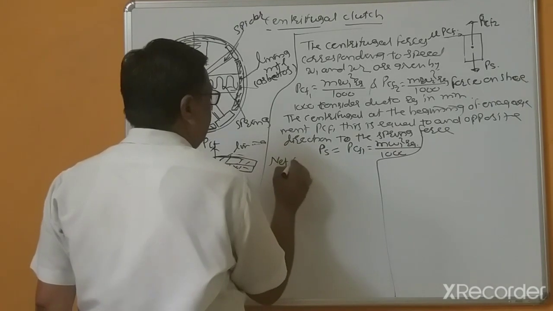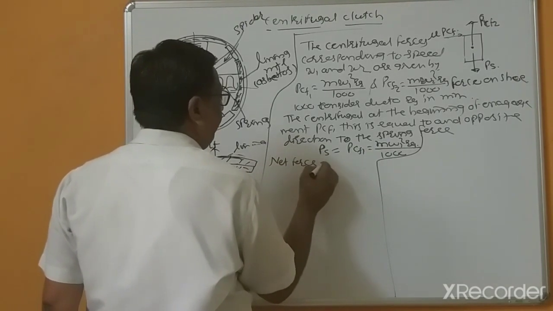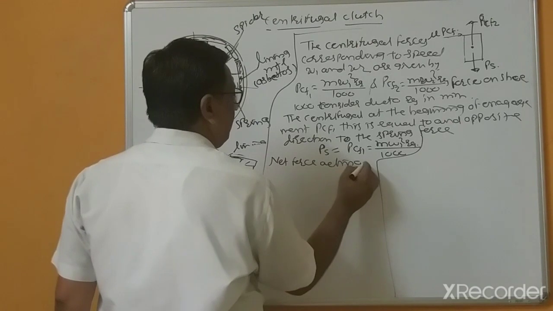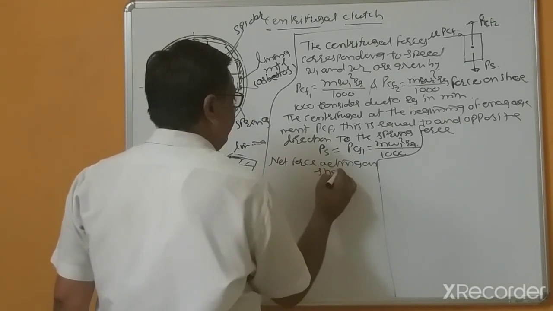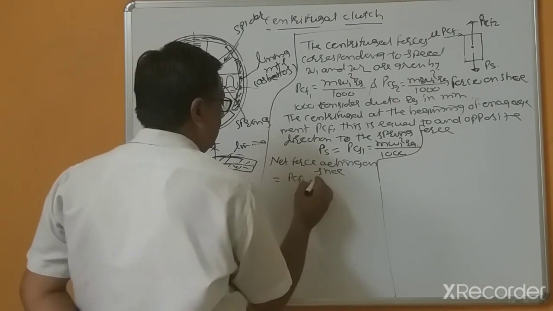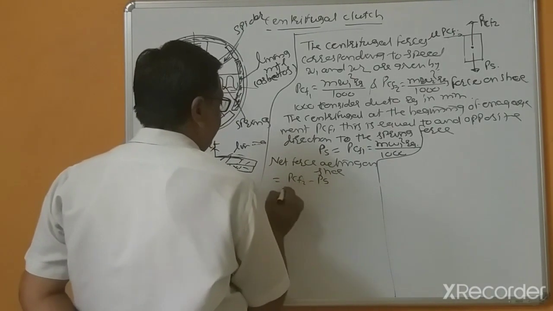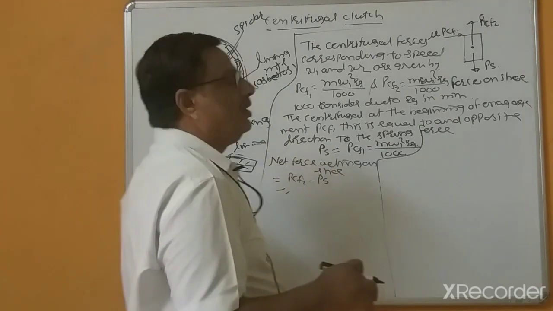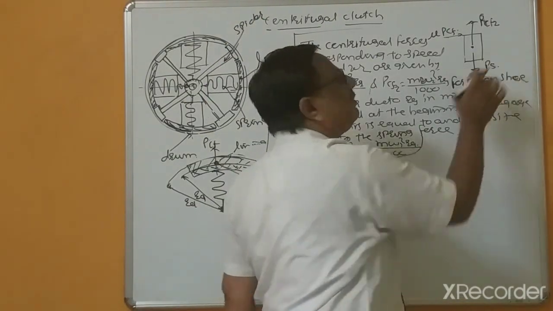Now the net force acting on the shoe equals PCF2 minus PS, because both are opposite, the spring force being due to the tensile spring.